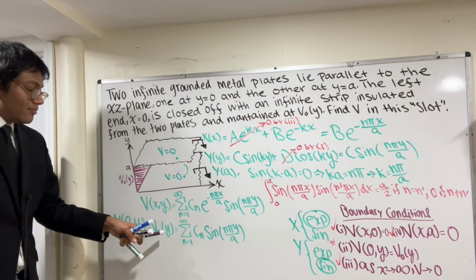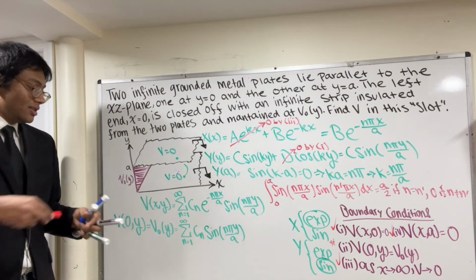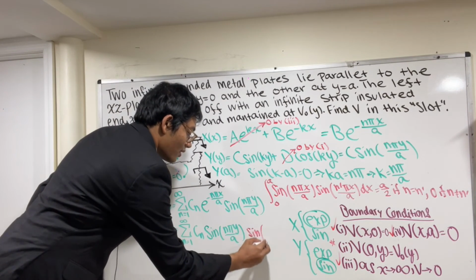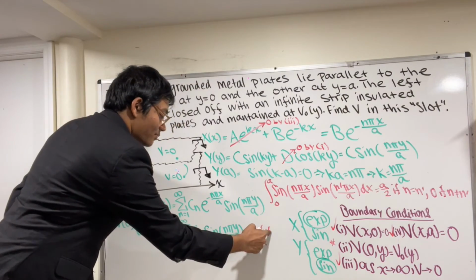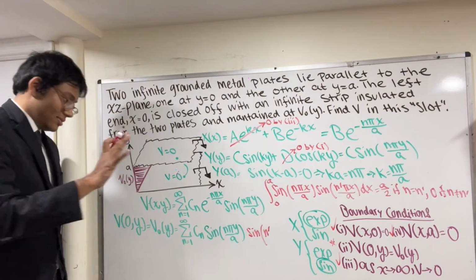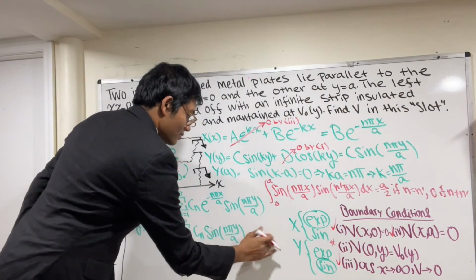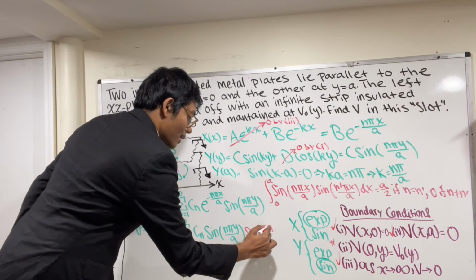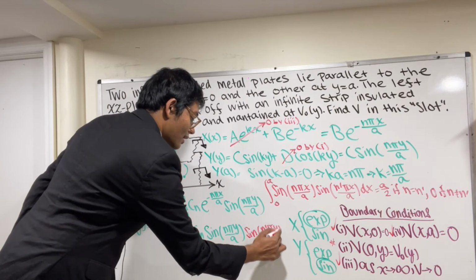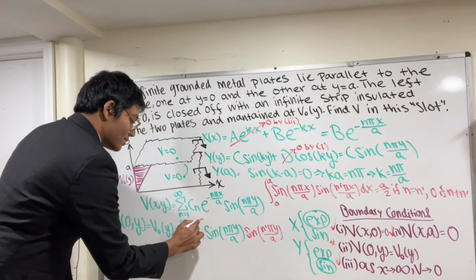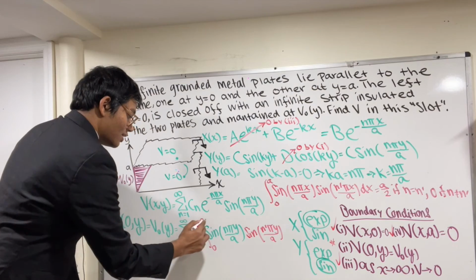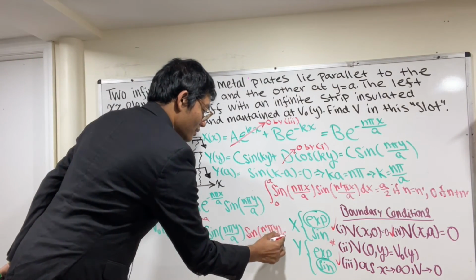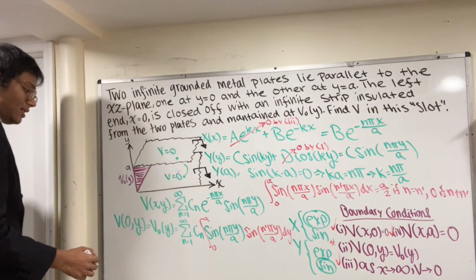I'm going to multiply both sides of this equation by sine of n prime. This is a prime, this is not. So sine of n prime pi y over a, and I'm going to integrate this from 0 to a, however long y is extending, dy.